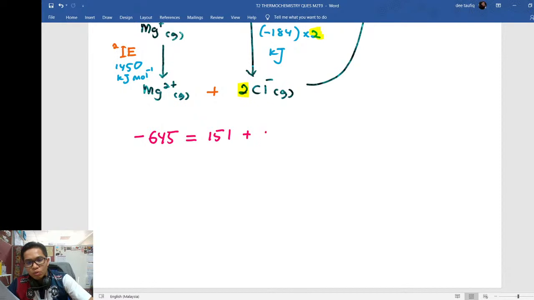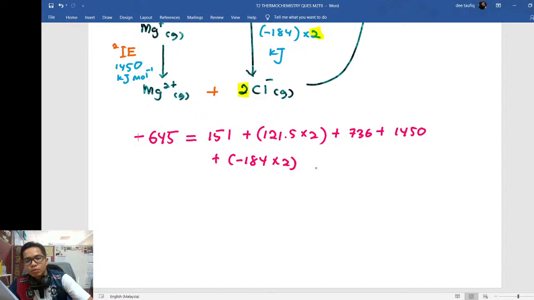Fluorine mesti 1 to 1.5 multiply with 2 plus, and then kita ada IE 736 plus with second IE 1450 plus electron affinity. So this one is negative 184 times 2 plus with our lattice energy.